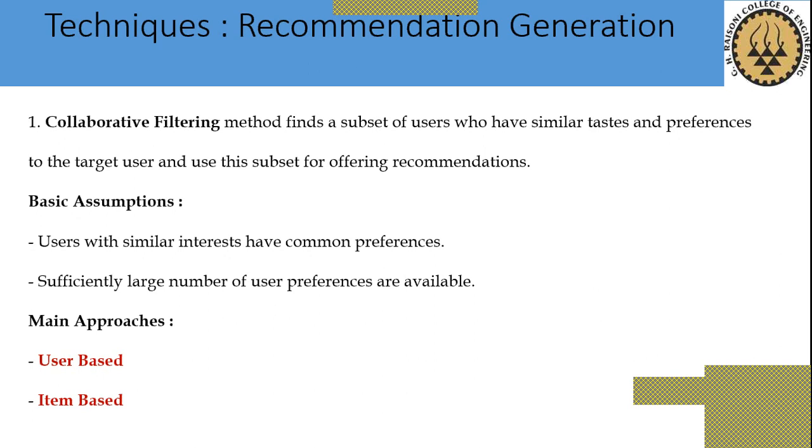So in this recommendation, we are finding out the users who have some similarity. Based on their similarity and preferences, we are making a group of users and then we offer them a recommendation. For example, the similarity can mean gender.